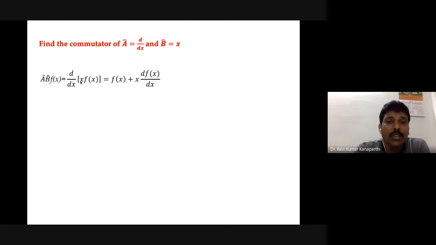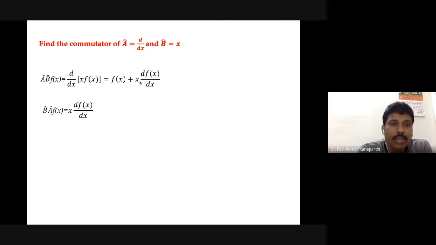And then, for the derivative of two functions, you can apply the product rule: the derivative of the first function multiplied by the second, plus the first function multiplied by the derivative of the second function. So this is nothing but f of x plus x d f of x upon dx.